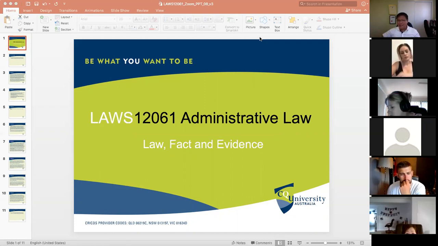You simply cannot say that the ground for judicial review can be based on a lack of evidence, or Wednesbury unreasonableness, or failure to exercise a discretion as required by law, and so on, if it has nothing to do with the facts. So you need to be able to pinpoint the legal issue. And I'm going to be talking about this when I do the revision, I think in week 12. So that's just a reminder.